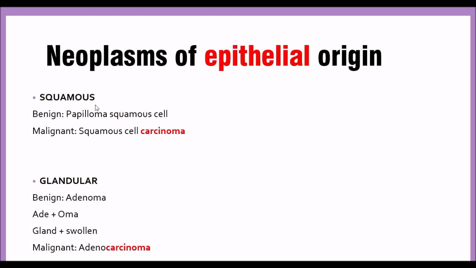And here, these examples are just set out for you to really see that as soon as we're talking about something that's malignant, as soon as we're talking about cancer, the word carcinoma pops into the name of the cancer we give. Same for if we take the example of glandular cancers, a benign glandular neoplasm will be an adenoma, but as soon as it starts metastasizing, we will call it a gland carcinoma.